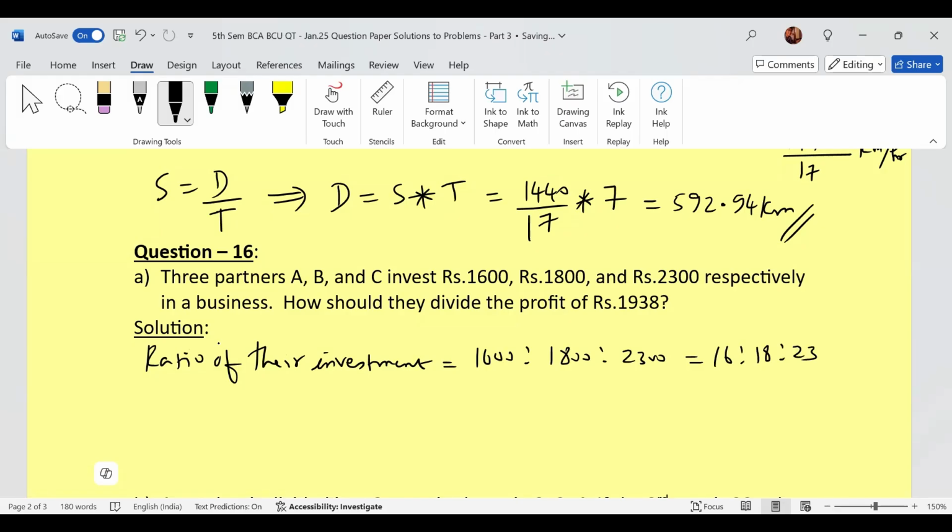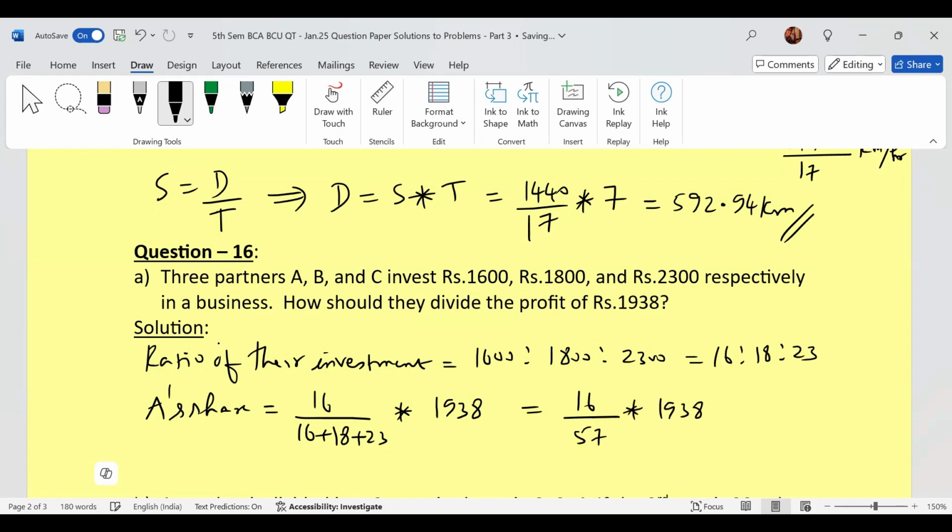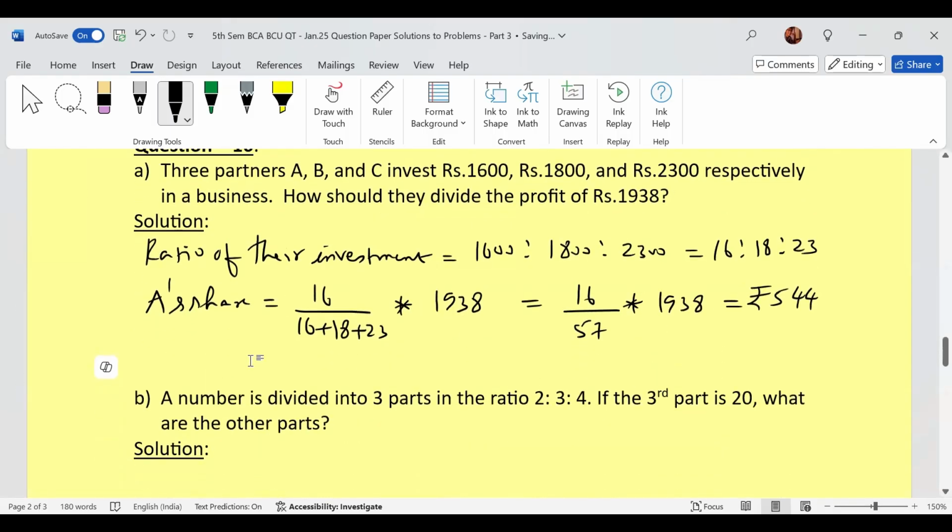Now, A's share will be 16 divided by 16 plus 18 plus 23 multiplied by 1938. That is 16 divided by 57 multiplied by 1938. So if we calculate this, we will get rupees 544 as A's share.